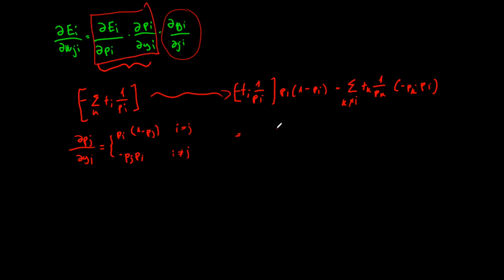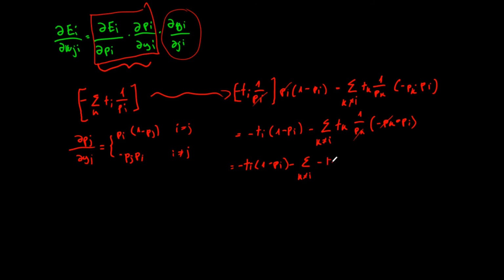If we compute this, these two elements go away, so this becomes minus t_i multiplied by (1 minus p_i) minus the summation over all k except when it is equal to i of t_k times 1 over p_k multiplied by p_k p_i, and this is equal to minus t_i multiplied by (1 minus p_i) minus the summation over all k except when k equals i, and this goes with this, and then we have minus t_k p_i.